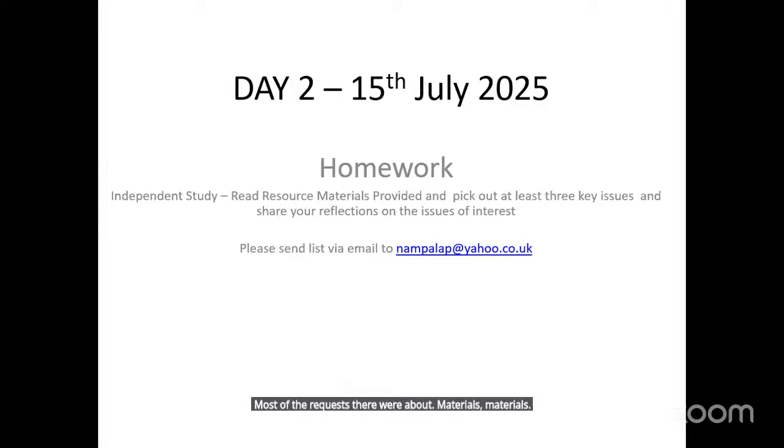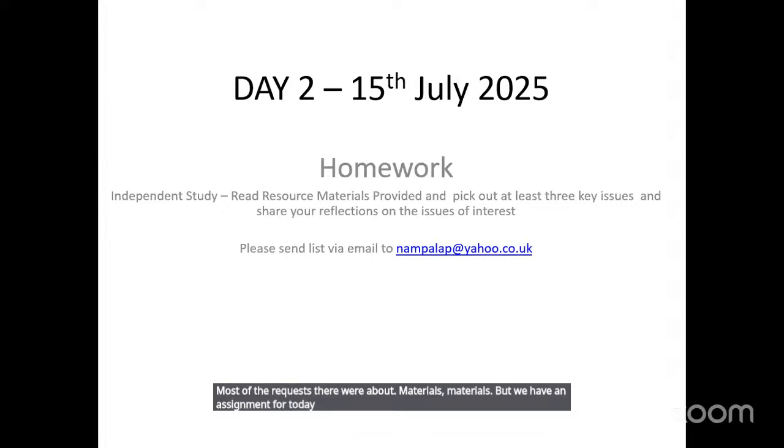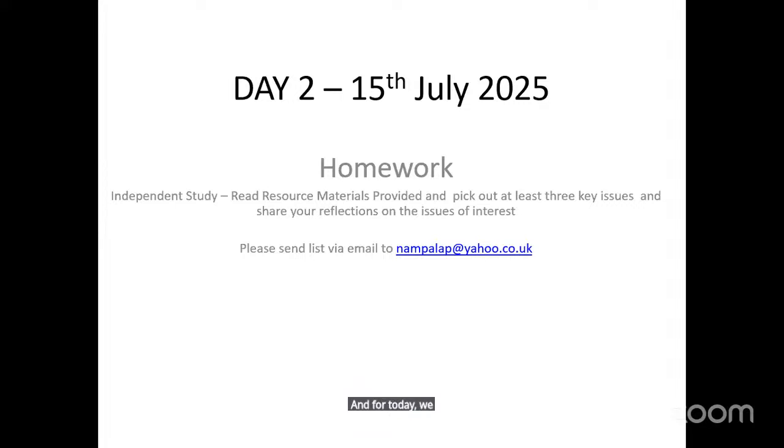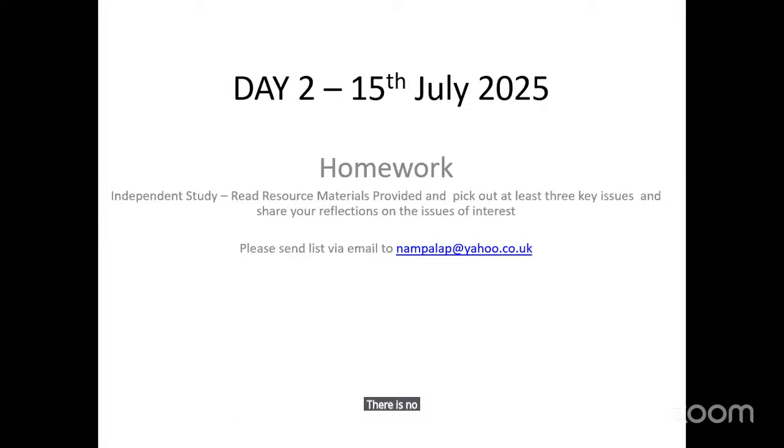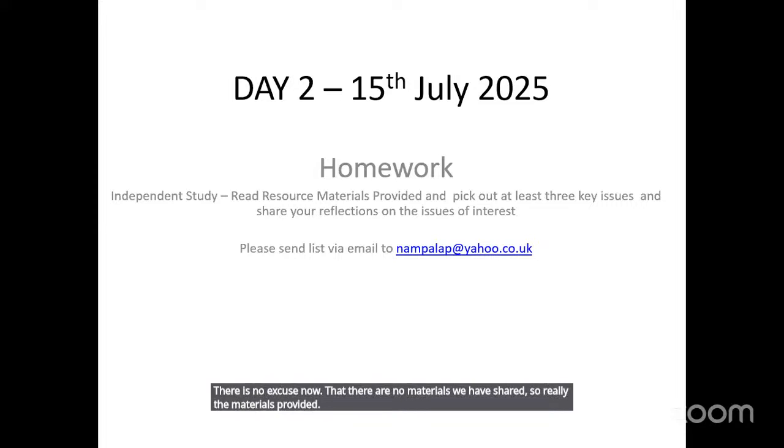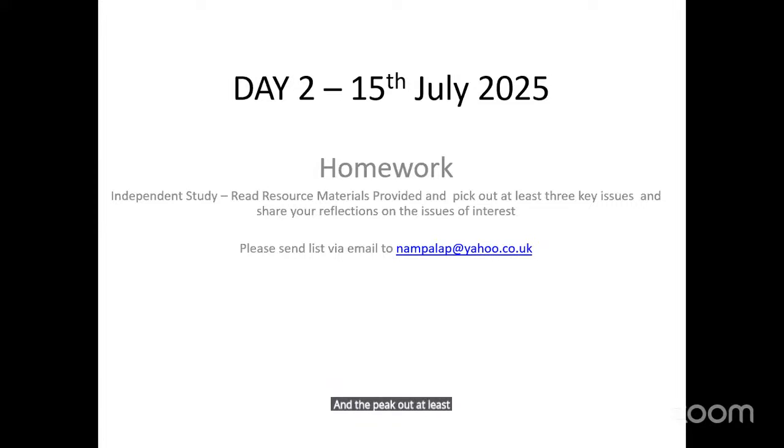But we have an assignment for today. Thanks for those that responded to the assignment for yesterday. And for today, we are doing independent study. The request is that please read the resource materials provided. We have shared. There is no excuse now that there are no materials. So read the materials provided and pick out at least 3 key issues.